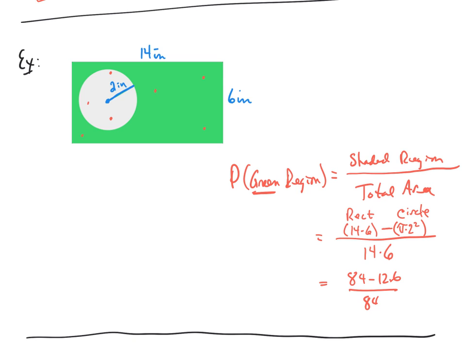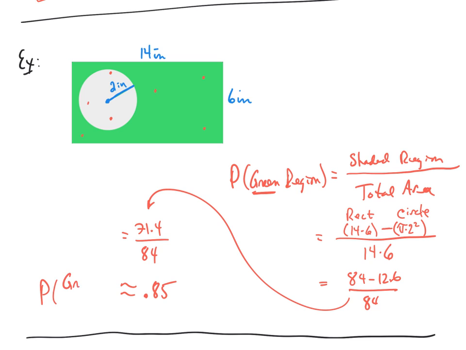And sorry, I'm a little short on room there, so I'll just finish off over to the side. 84 minus 12.6 is 71.4. And 71.4 divided by 84 is 0.85. So the probability of selecting a point in the green shaded region would be 0.85.